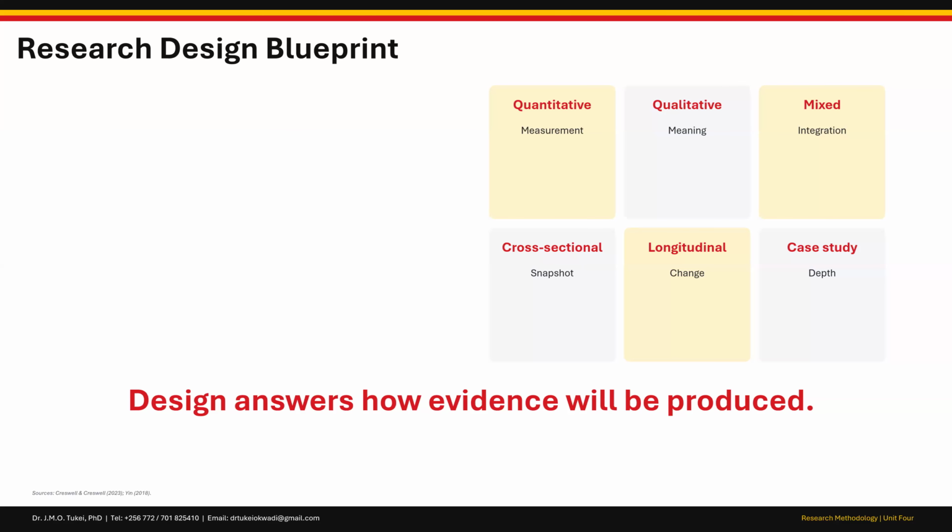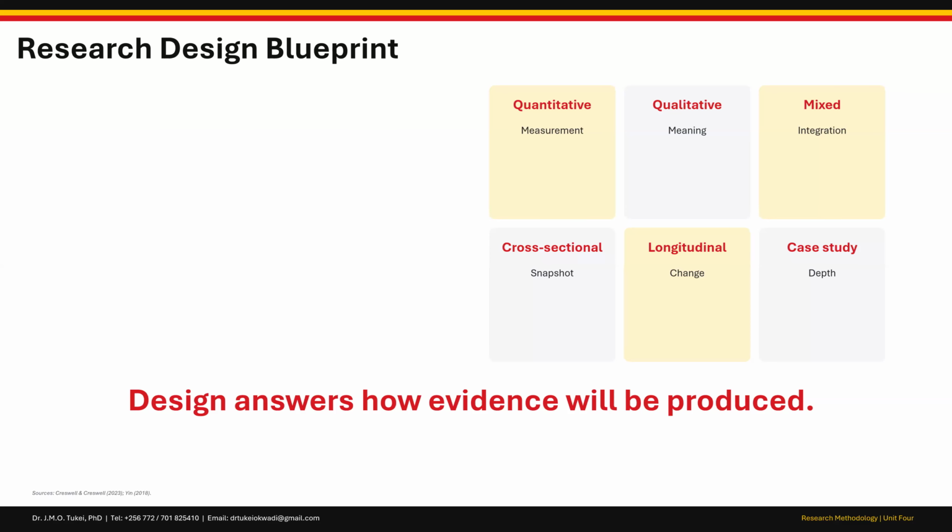The research design should therefore be chosen because it fits the problem, not because it is familiar or easy. I will mention this again: while choosing a research design, it should fit the purpose. Don't choose it because it's easy to use. A research design is a blueprint, a roadmap.